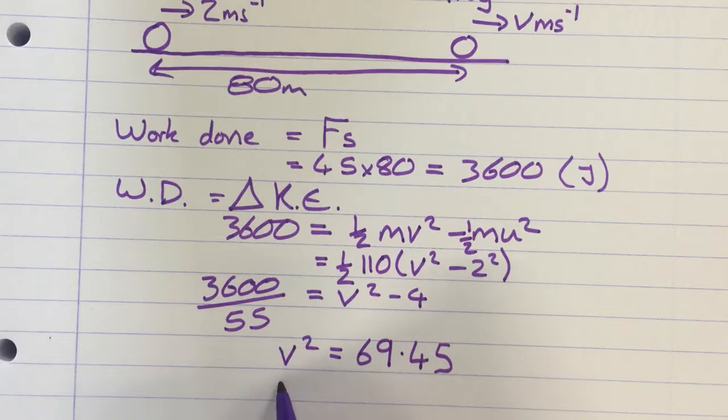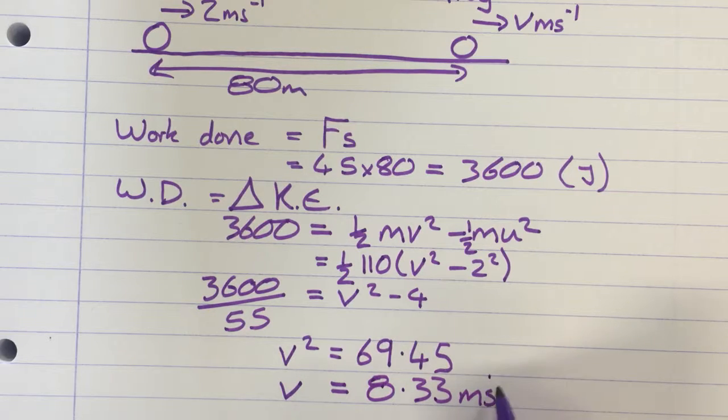So finally, to work out my velocity, I just square root that, which gives me 8.33 meters per second. And that's to 3 significant figures.